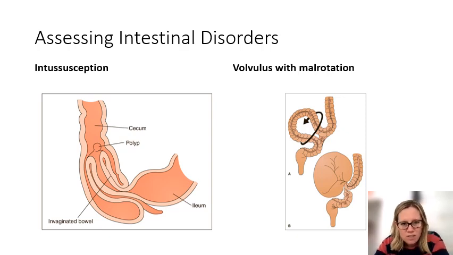So what this does is it causes extreme pain in the infants. Pain, not eating. They kind of flex their knees, not passing any gas. We want to get an ultrasound to help rule out intussusception, where we'll see that telescoping of the bowel.